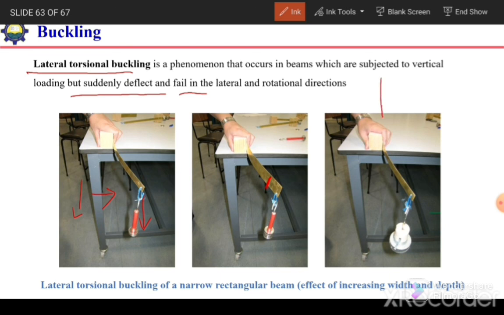For example, by increasing the depth, the moment of inertia about this vertical axis, the y-axis, will not significantly increase. But if we increase its width, the moment of inertia about the y-axis will increase significantly, and we can avoid the lateral torsional buckling. So we need to improve the stiffness about this vertical axis or the lateral direction.